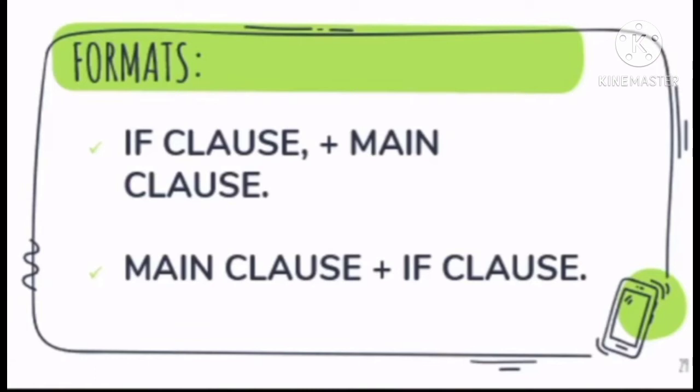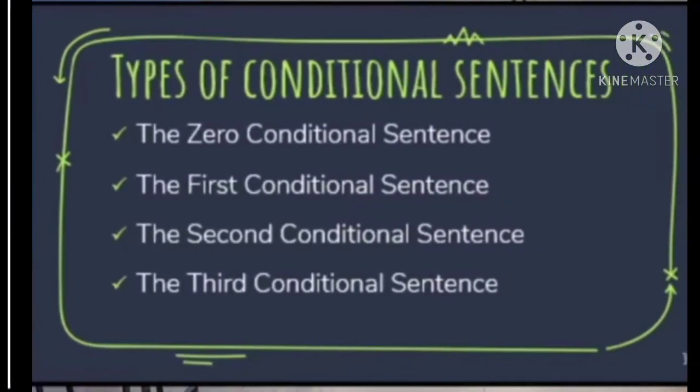If I were a boy, I think I could understand. So that is an example of the if clause and then the main clause. And if you're going to use it reversely, it could be: I could understand if I were a boy.